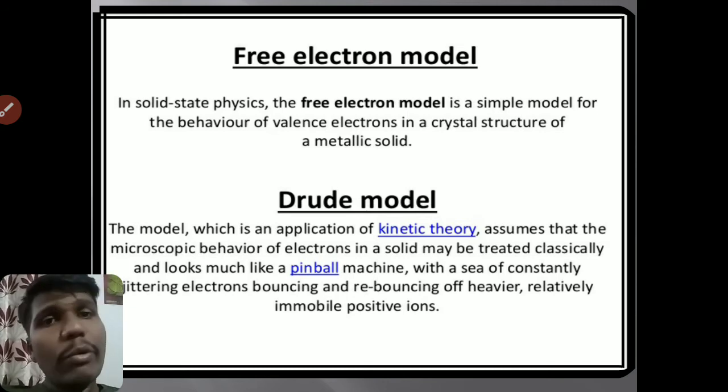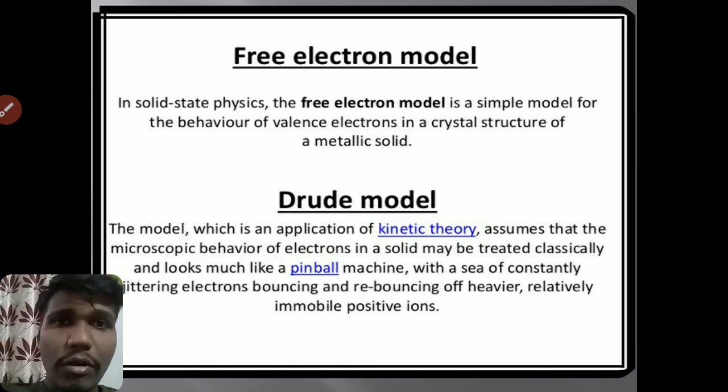But there are failures in the free electron theory, because it obeys some laws, but there are failures too. The Drude model is not used only in solid state physics; it is also used in quantum physics, in spectra, and in mechanics, including classical mechanics. So in many topics we have to use the free electron model.